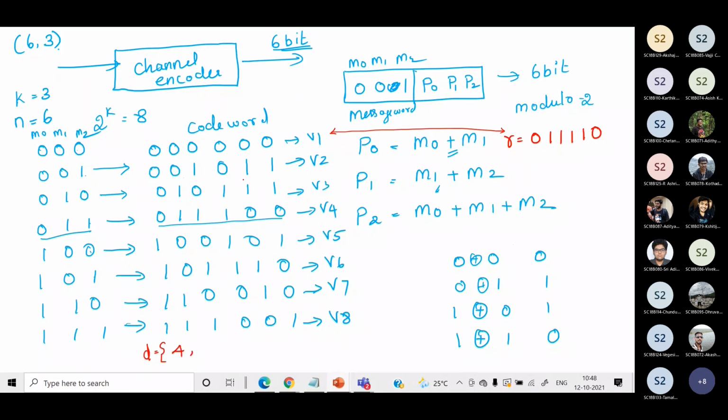Right? Next one. What is the distance between these two? Here it differs. 3. Okay. Next one. 2. Okay.